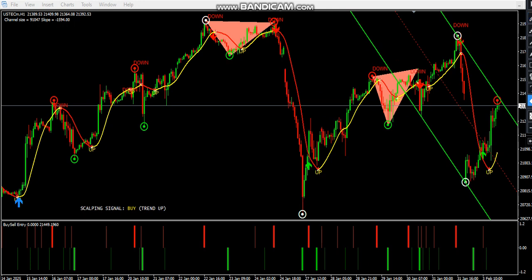You need to see this arrow, and you need to see that this red is sharp like this. Good. And then you can take that entry.